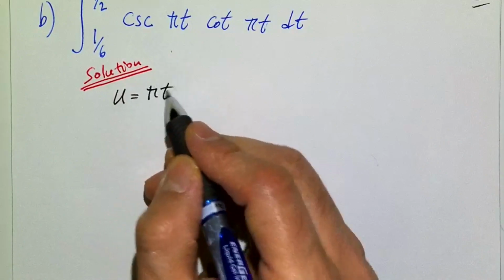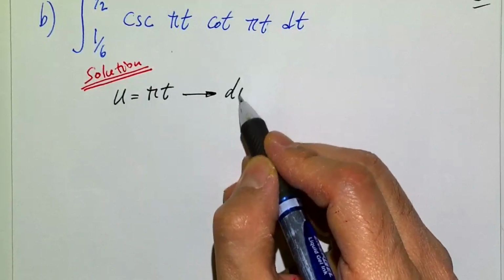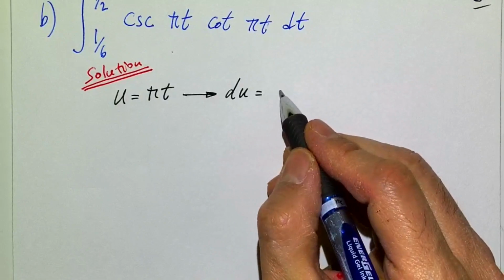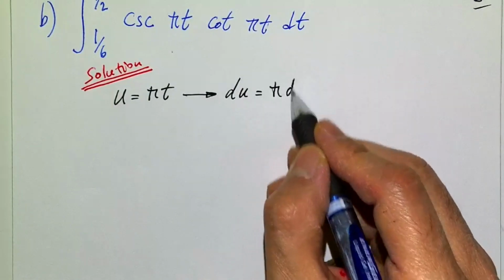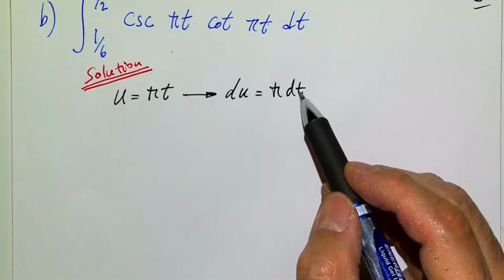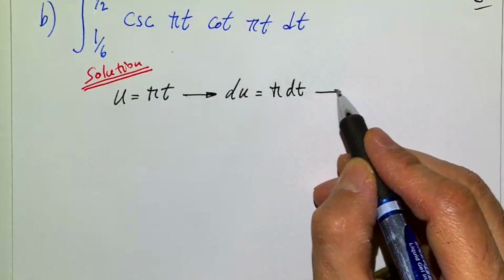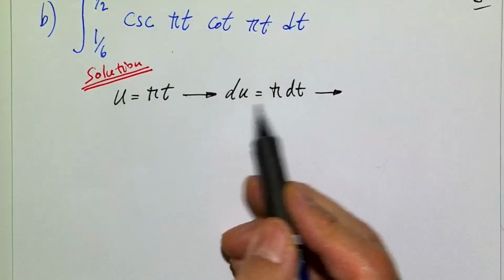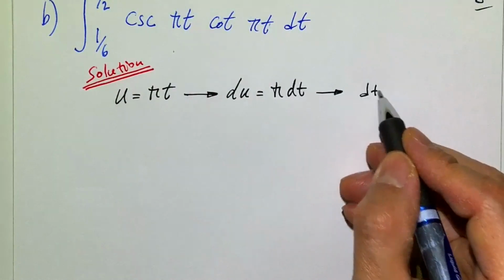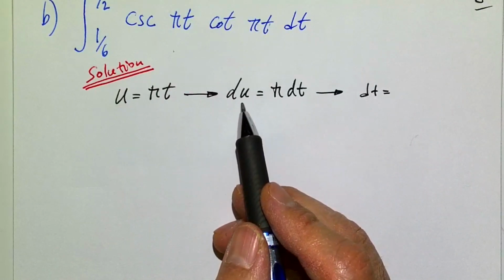So u is pi times t, and then du, very easily, is pi dt. So then dt would be 1 over pi du, because we're going to replace dt. Just look at this as an equation of any kind, solve for dt. You multiply both sides by 1 over pi.